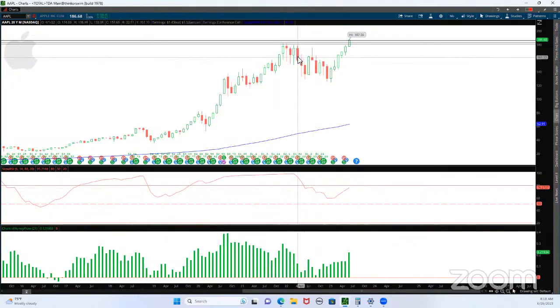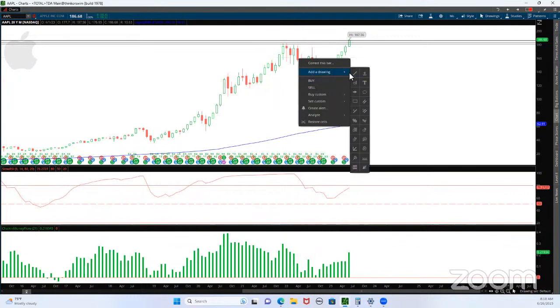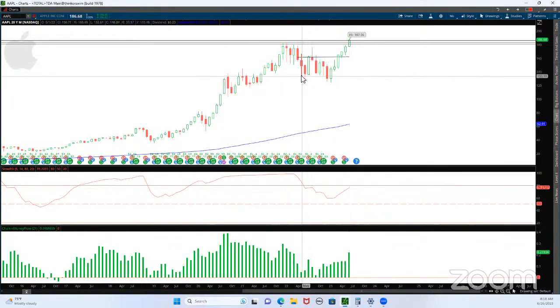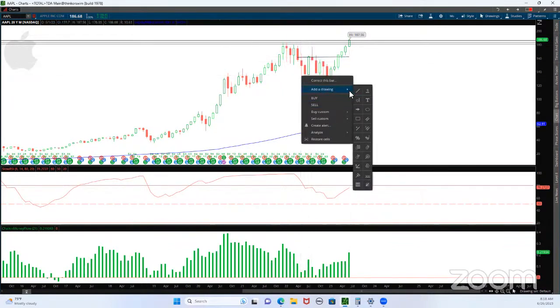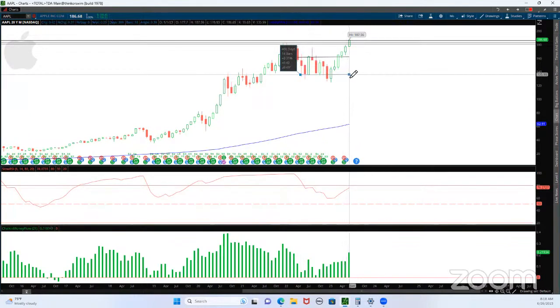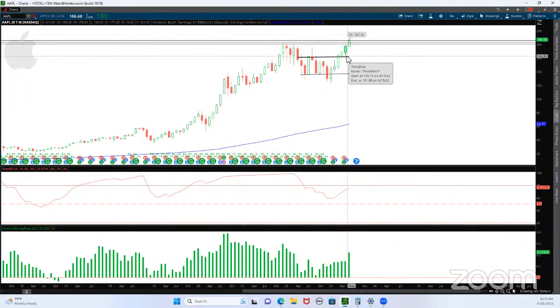So say from right here to right here, how much is this? Say this was the previous consolidation. This is about 137 to 161, so that's about a $30 move, right? So you want to take that and bring it up here: 161 to about 190 would be the next $30 move. So we're coming up on that.